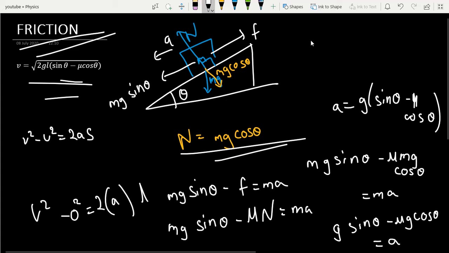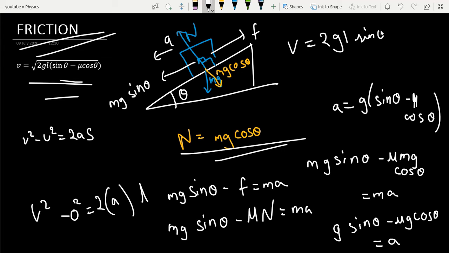So we got the formula of v as v is equal to root of 2gl times sine theta minus mu cos theta. Understood? Which is this.